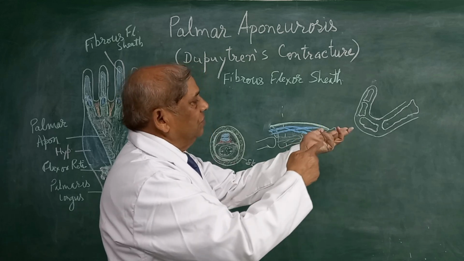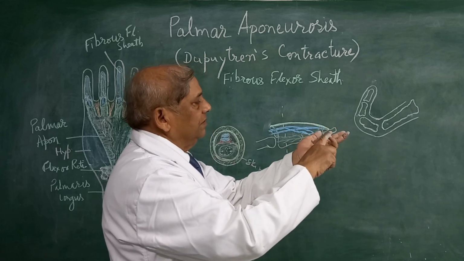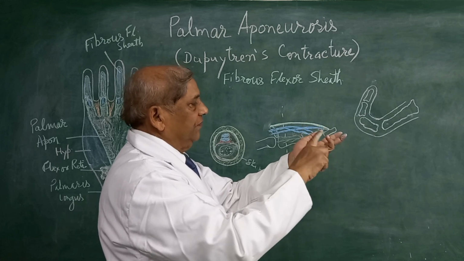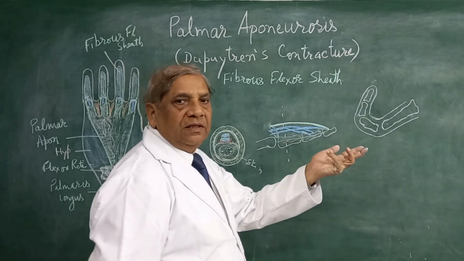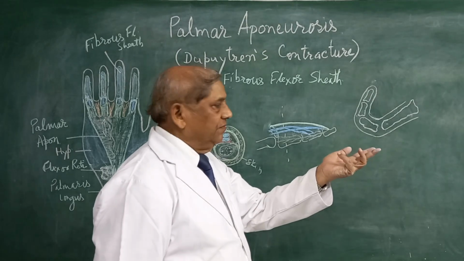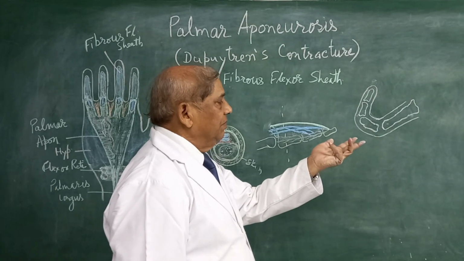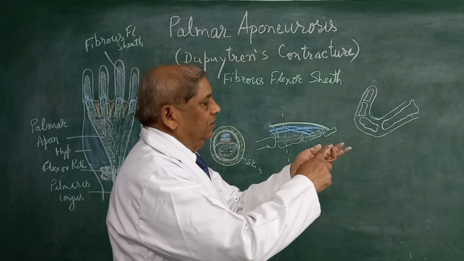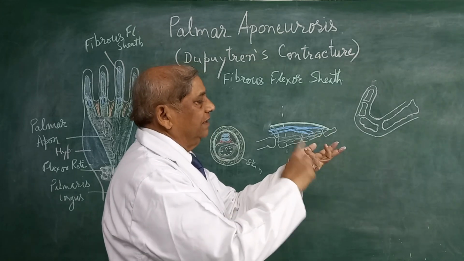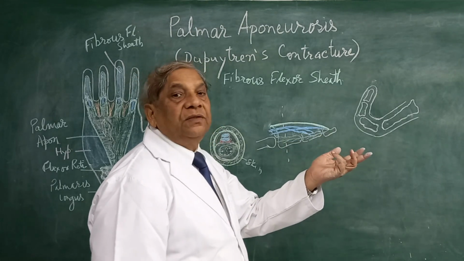So this will lead to the contracture. Most often affected finger is the ring finger and the little finger. Sometimes the middle finger can also be affected. But this is seen only in the ring finger and that of the little finger.